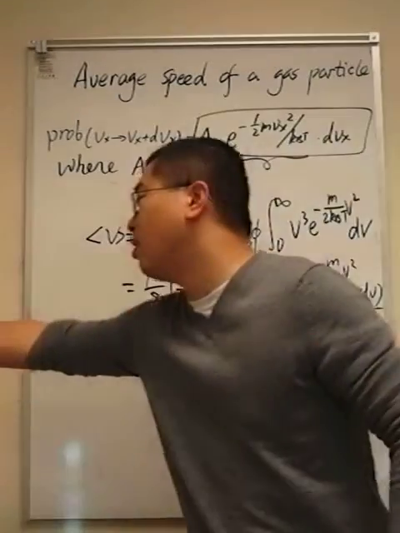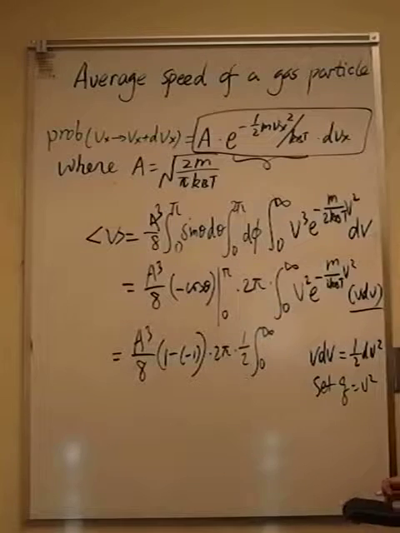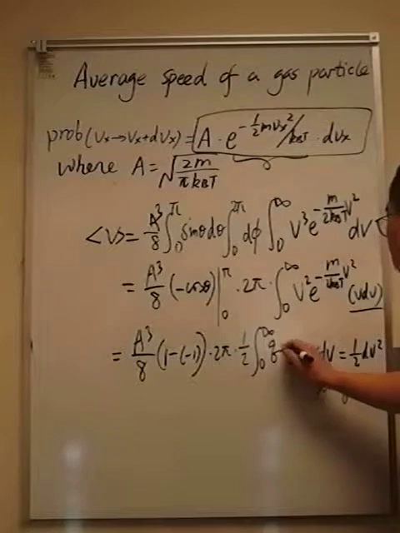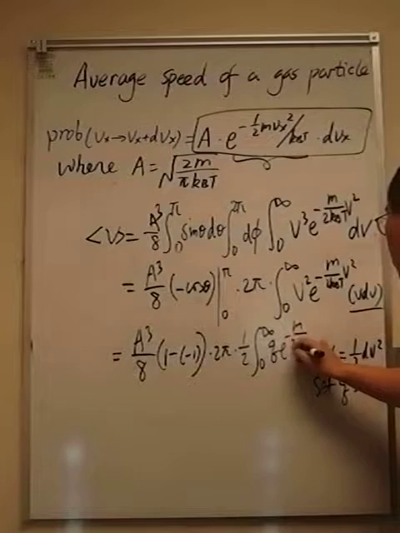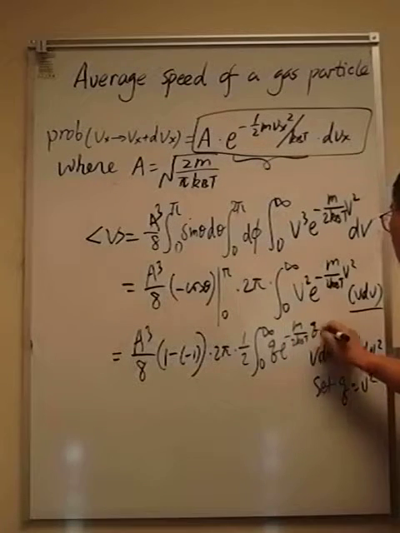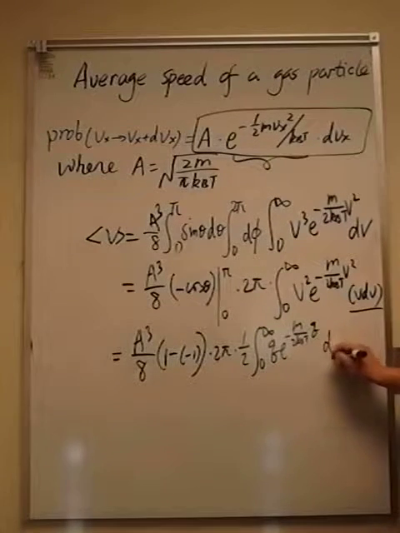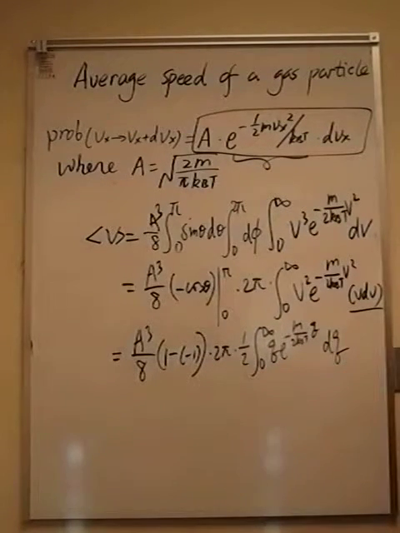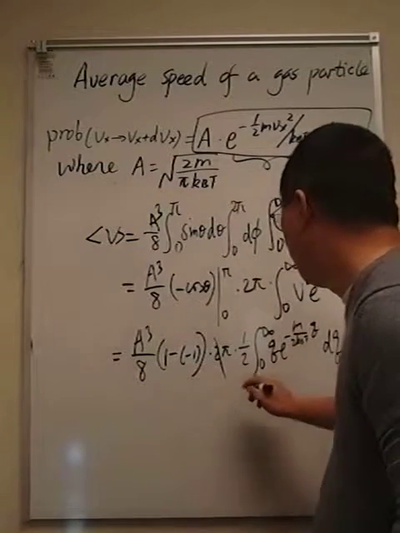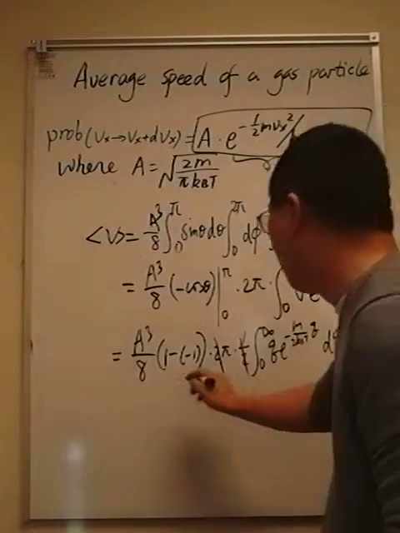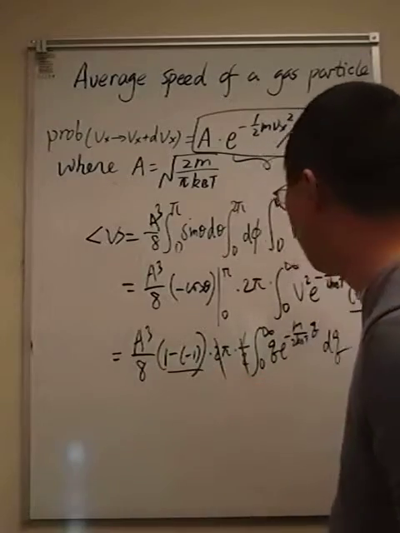Q is just a dummy variable. So it's going to be q and e to the power negative m over 2 kB T dq. And then this guy becomes dq. Actually it's half dq, but we put the half here. And we look at this 2, they cancel. There's another 2 here. This 1 minus -1 is 2.